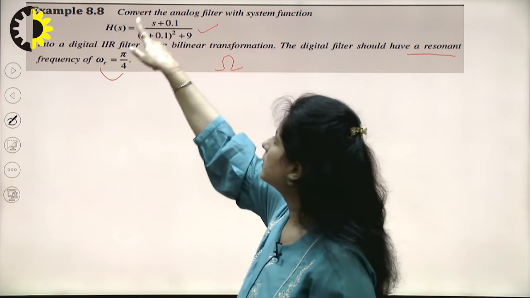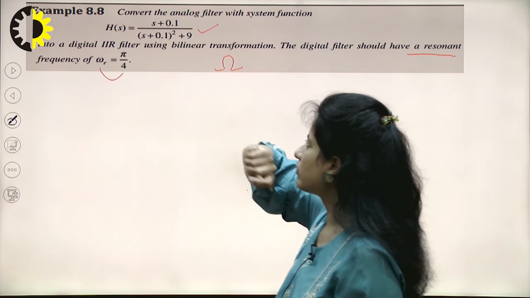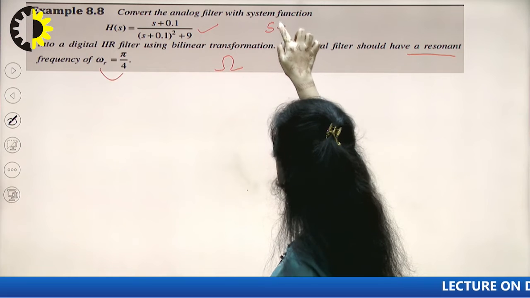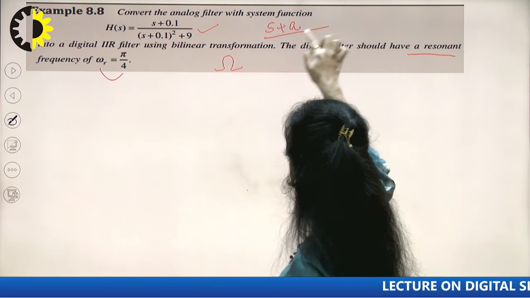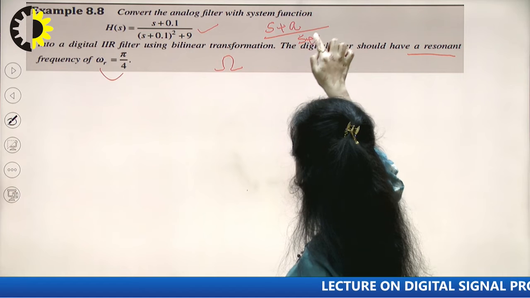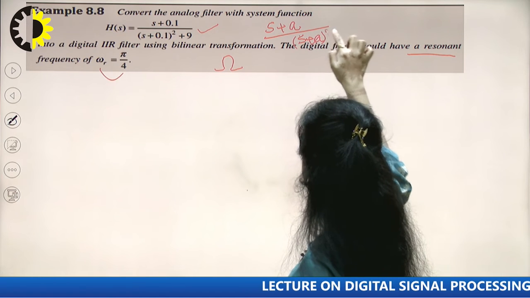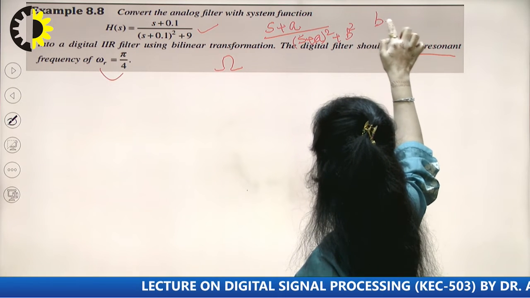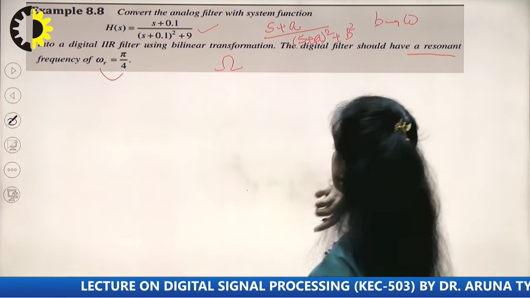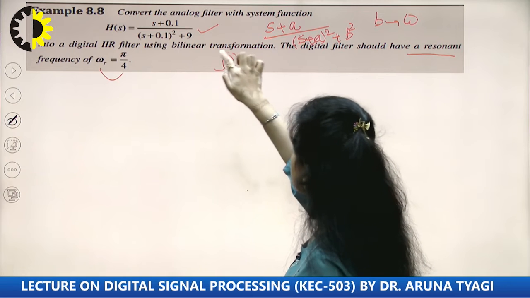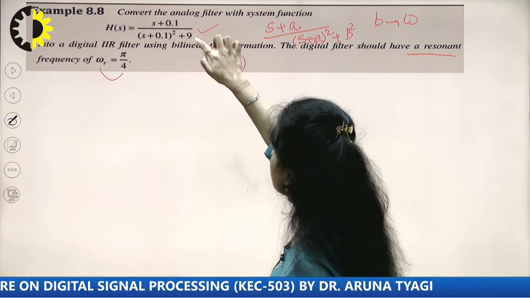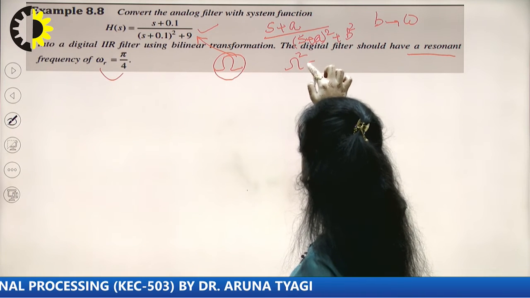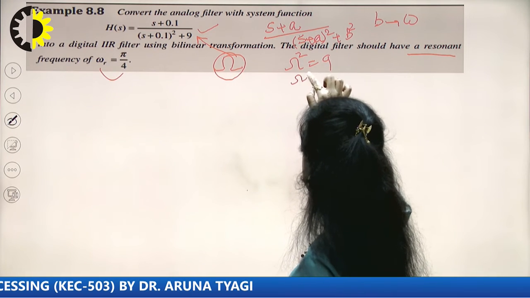I can relate this expression to a standard expression used for transformation, that is (s plus a) divided by (s plus a) square plus b square. This b is nothing but the frequency of that particular system. This frequency would be derived from this constant value 9. So omega square is equal to 9, so this omega comes out to be 3.